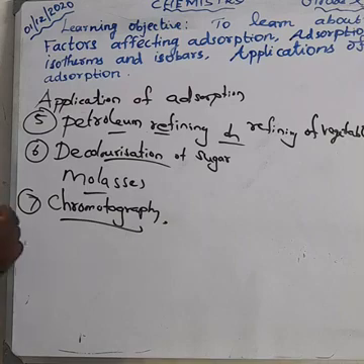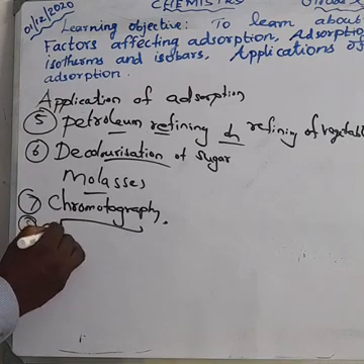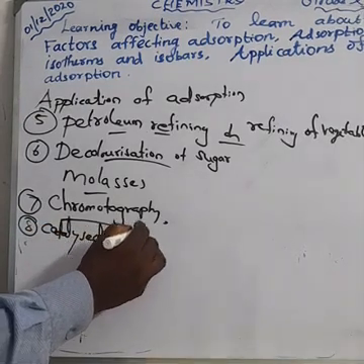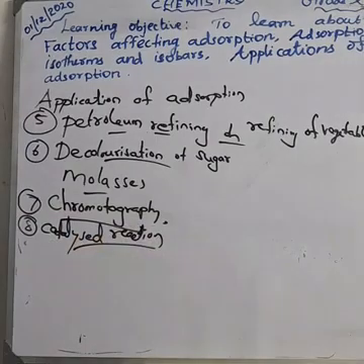The next one is about catalyst reactions. This is also based on adsorption, because we know that a reaction may be positive, negative, induced, auto, homogeneous, heterogeneous, like that, many reactions.